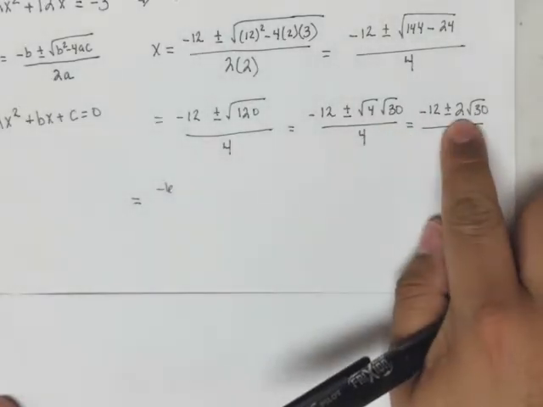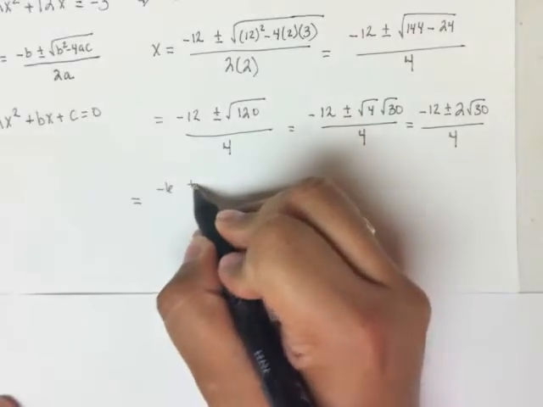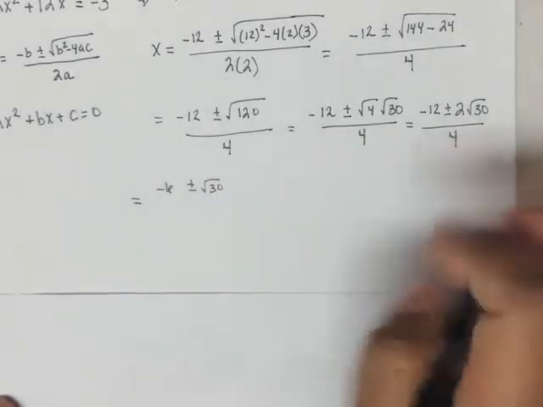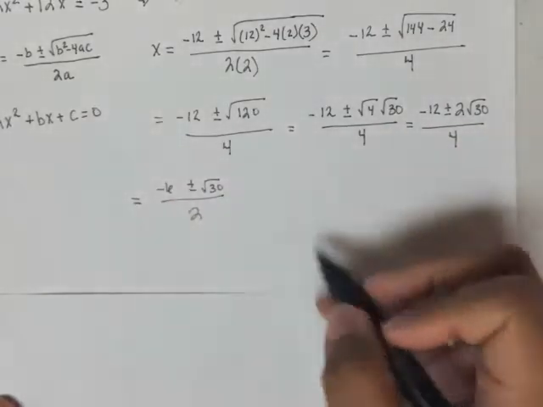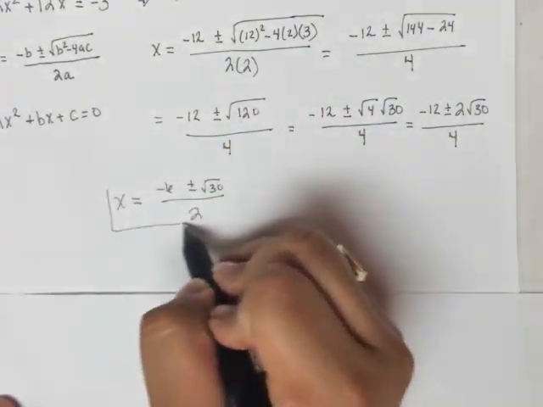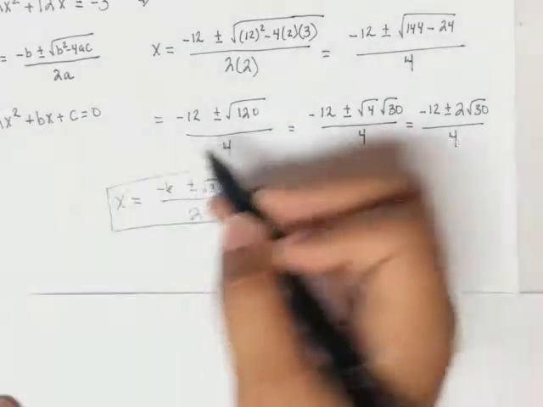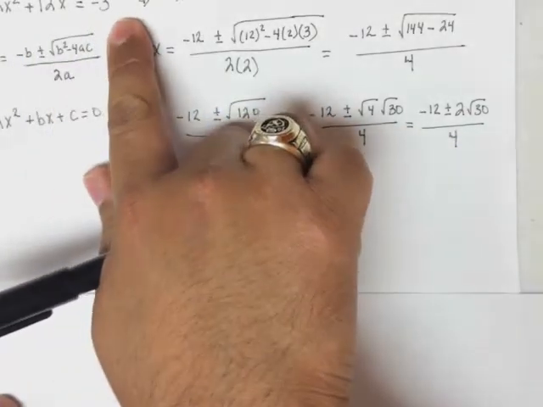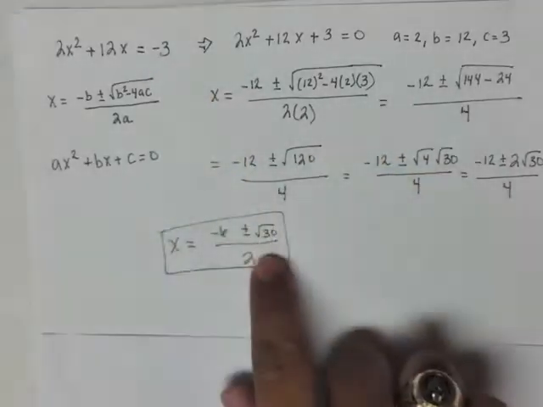I divide this by 2, I get 1. So that's just going to leave me with plus and minus the square root of 30. And divide this by 2, and I get 2. So this right here is what x would equal. All right, if I were to solve my quadratic equation using the quadratic formula for this guy that I started off with way up here, this would be the answer.